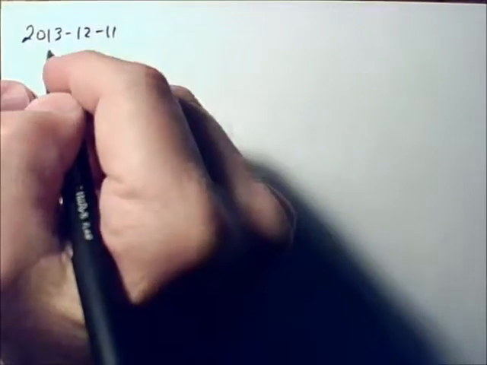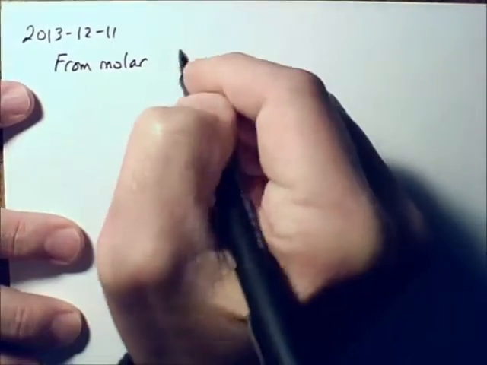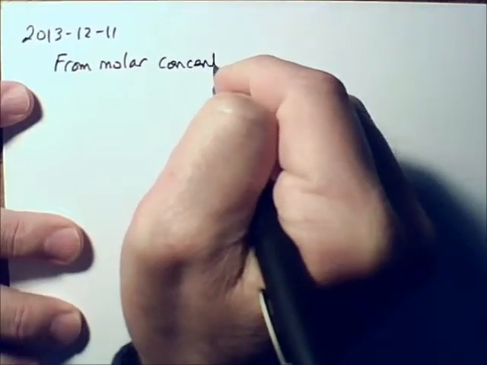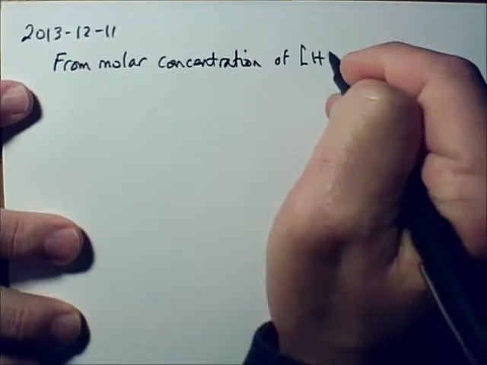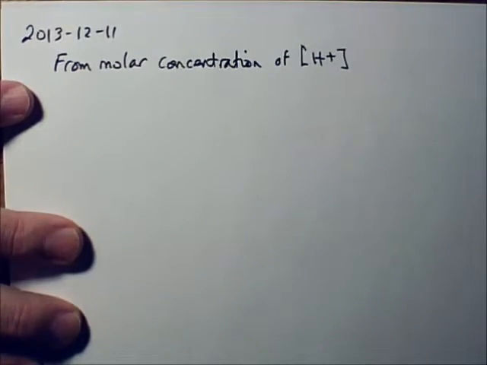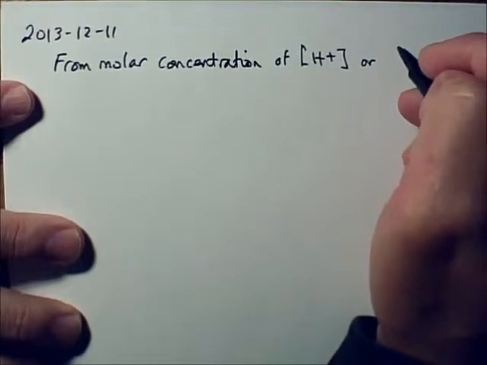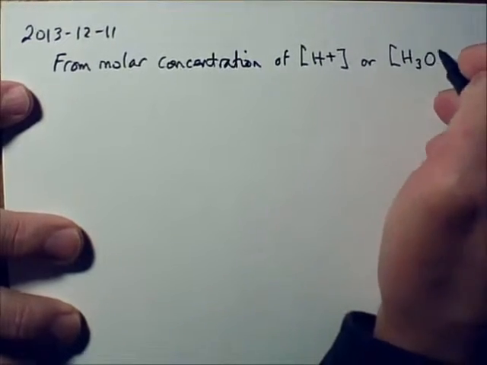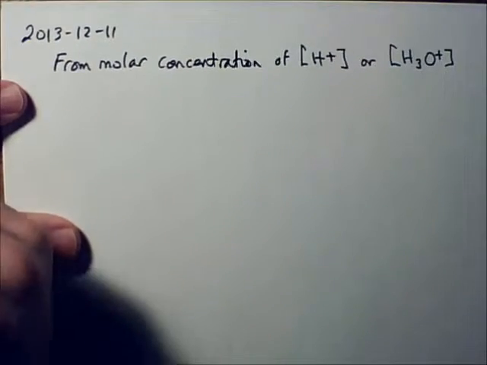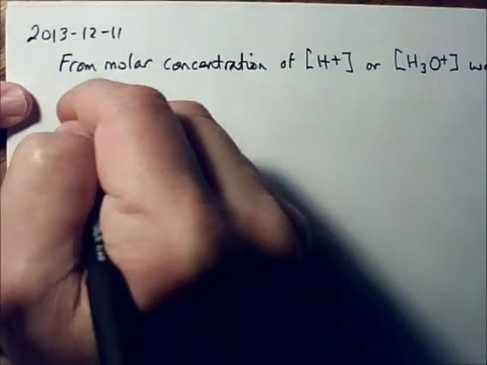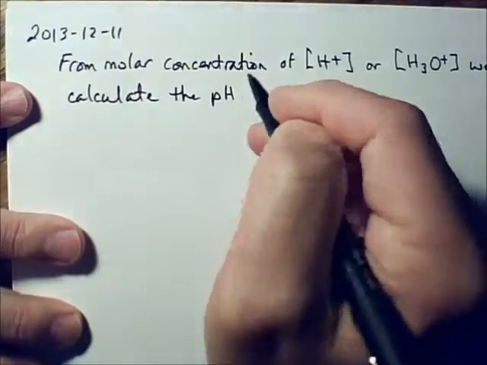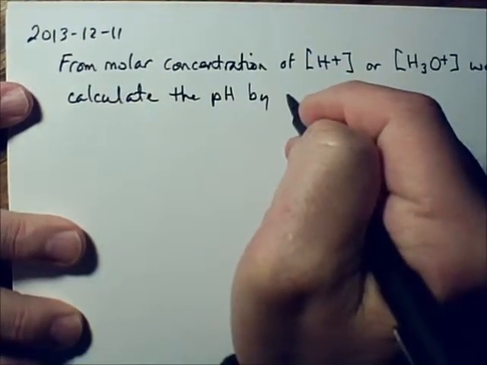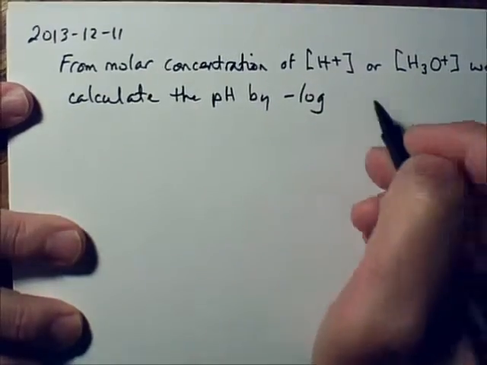All right. Now, yesterday we learned that from the molar concentration of either, if we're going to use the Arrhenius system of thinking about acids and bases, or if we're going to use the Bronsted-Lowry system of thinking about acids and bases, we calculate the pH by negative log of either one of those.